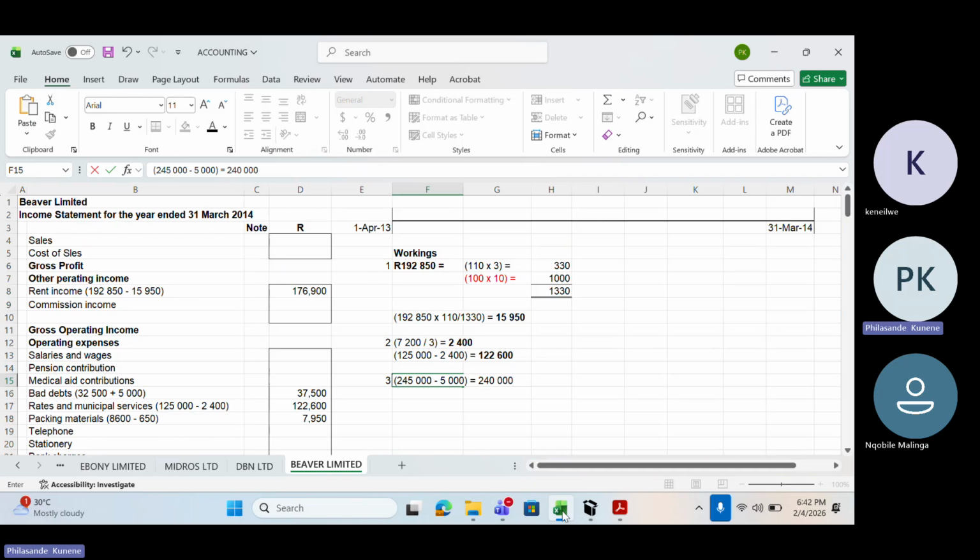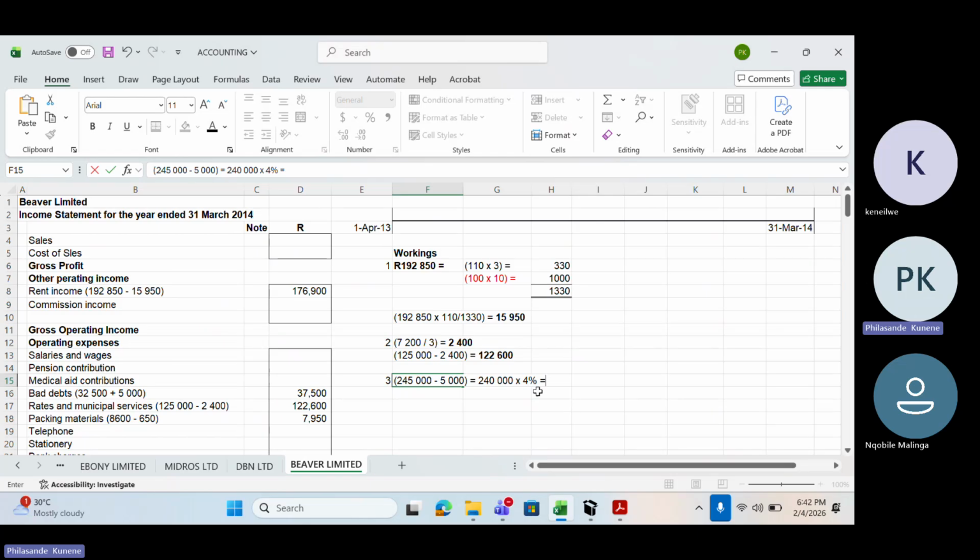These 240,000, I need to multiply it by 4% because I'm adjusting it to 4% of my book debt. The reason why we're saying this is a book debt is after we have subtracted the additional bad debts written off.